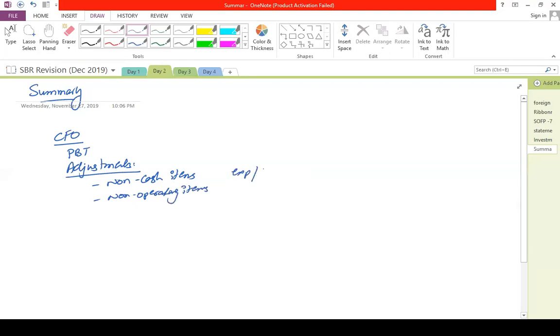The expenses are added back and the income is deducted from this. And after that, we write down the movement in the working capital and then the interest paid and the tax paid. So this is the summary of the values which we classify in the cash flow from operating activities.